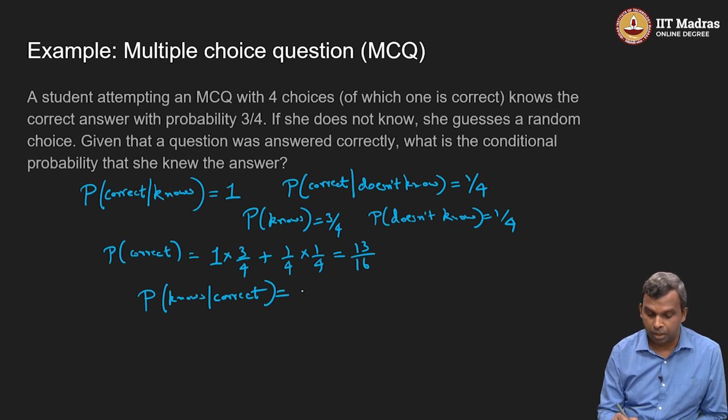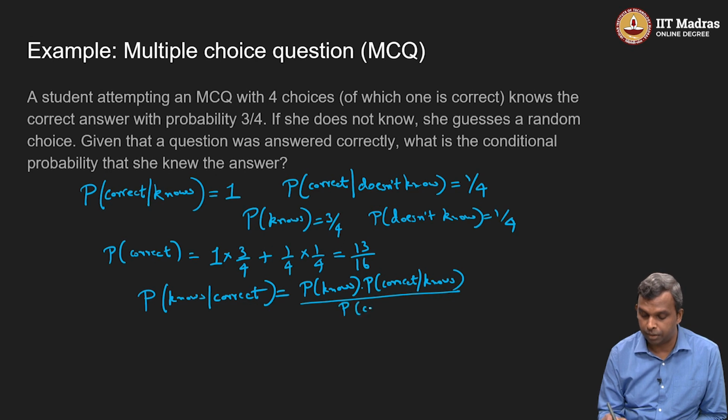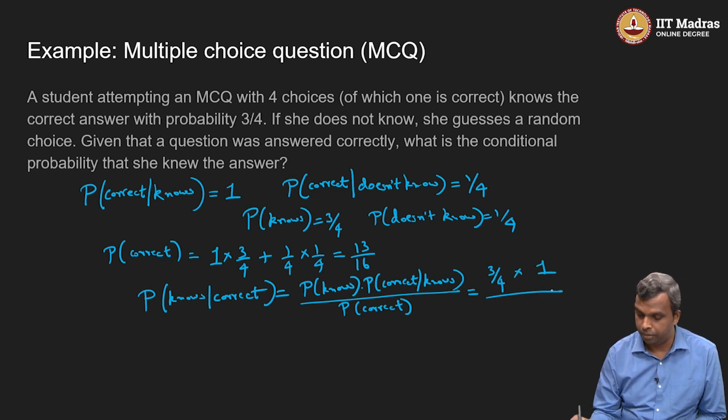So this would be probability of knows times probability of correct given knows divided by probability of correct. That will work out to 3/4 times 1 divided by 13/16.